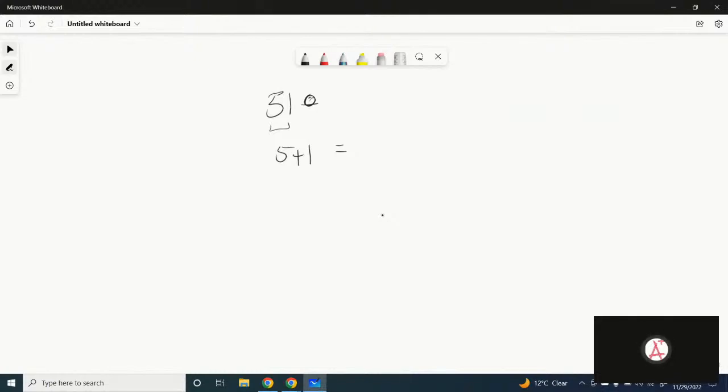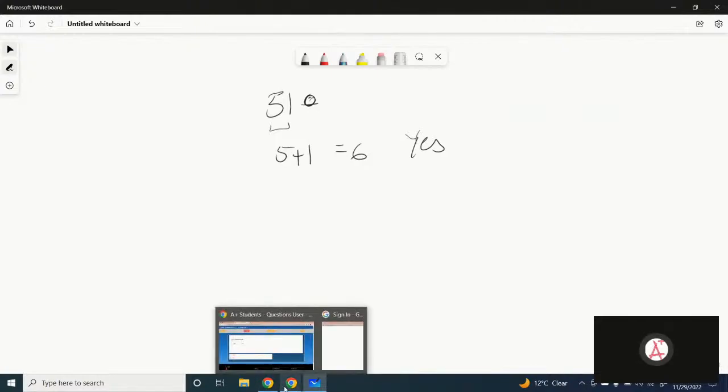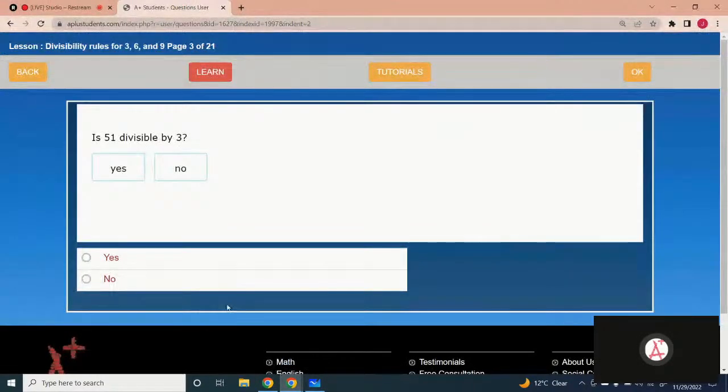If the sum is divisible by 3, that means the number is divisible by 3. 5 plus 1 is 6. Do we have 6 in the table of 3? Yes, we have 6 in the table of 3. Got it? That means 51 is divisible by 3. The answer is yes. Got it?